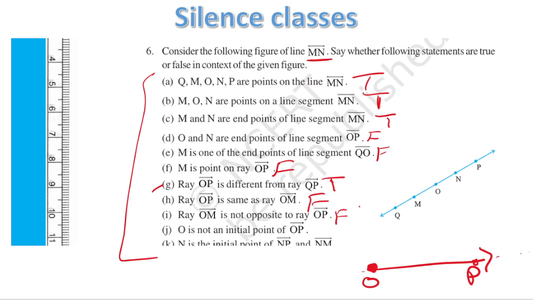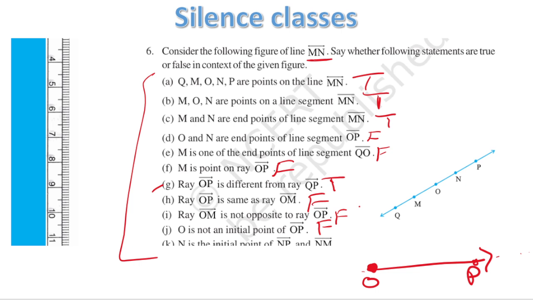So the statement that O is not an initial point is false, because a ray always has a starting or initial point, and here O is the initial point.